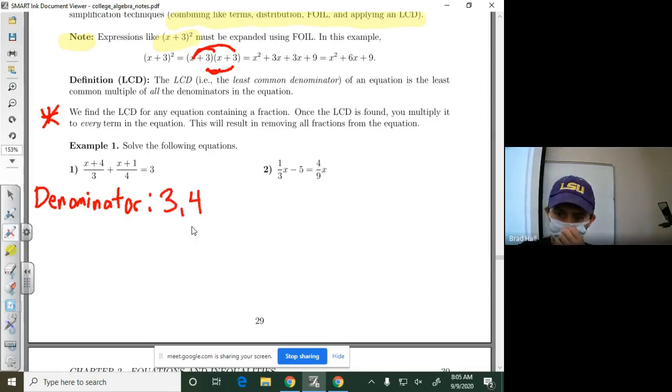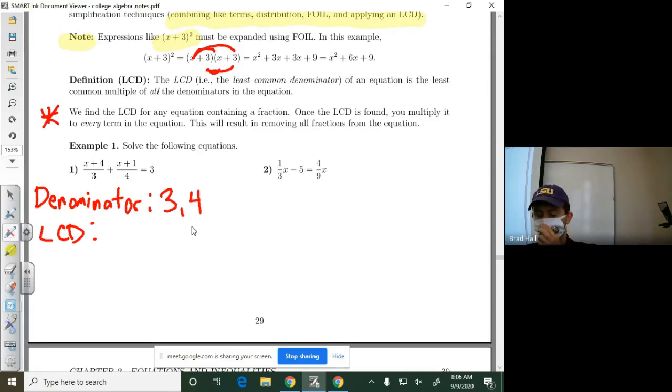So the least common denominator is going to be the smallest number or expression that 3 would divide into and 4 would divide into. If you chose 3 for the denominator, obviously 4 doesn't go into 3. If you chose 4, 3 does not go into 4. What would 4 divided by 3 look like?